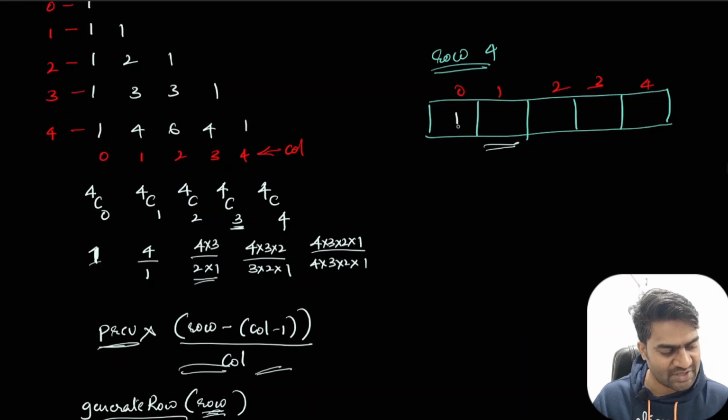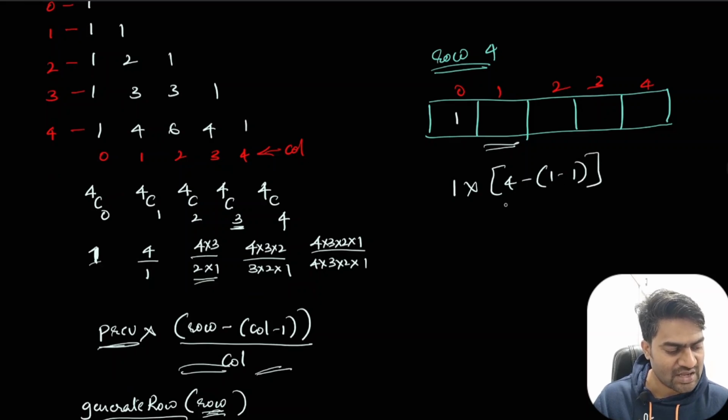Previous will be 1, into the row number, which is the row index 4, minus column 1, so 1 minus 1 will be 0, divided by 1. So what will I get? I will get 4. So this 4 I will place it here.